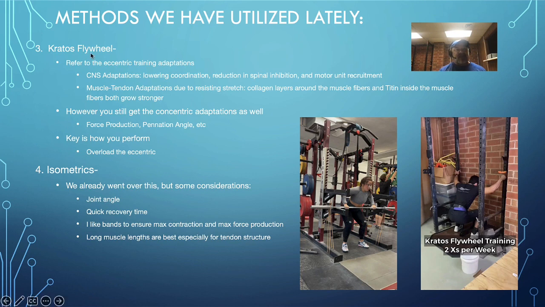We didn't really talk a lot about that when I was coming up, but that's the big one now. So really consider those tendon adaptations as well. Shout out Keith Barr. However, you still get the concentric adaptations as well because you are with the flywheel.